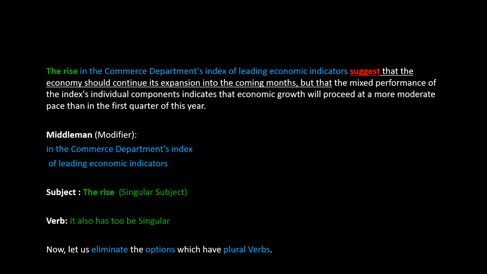Now let us eliminate the options which have plural verbs. Options A and B have the plural verb suggest, hence they are eliminated. Only options C, D and E, which have the singular verb suggests, remain. Now we need to regroup these three options.